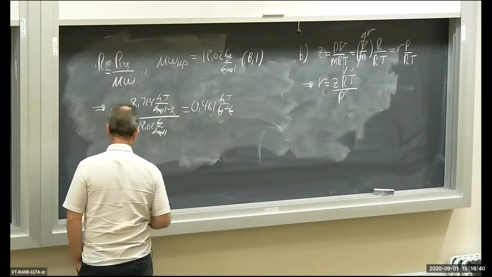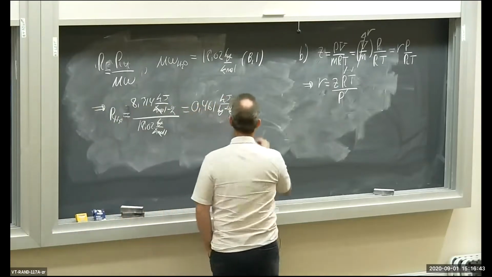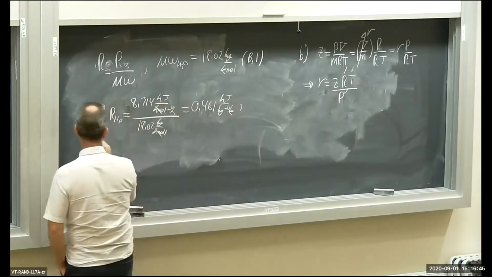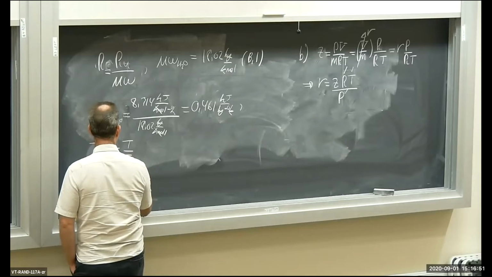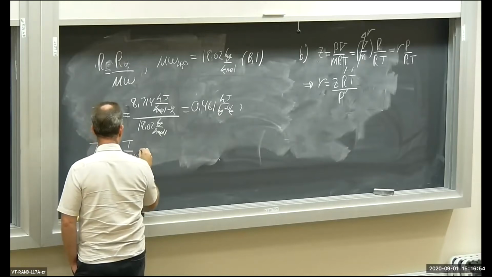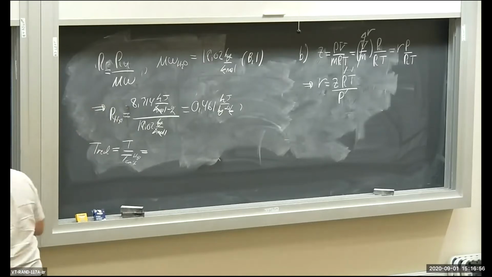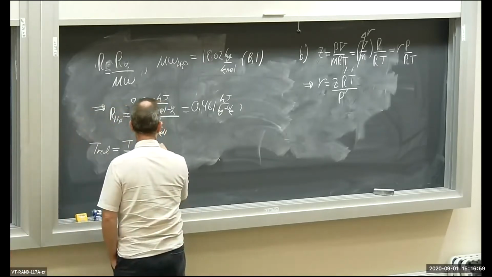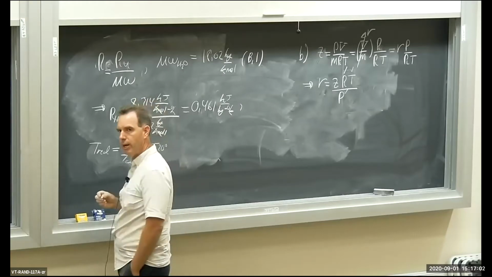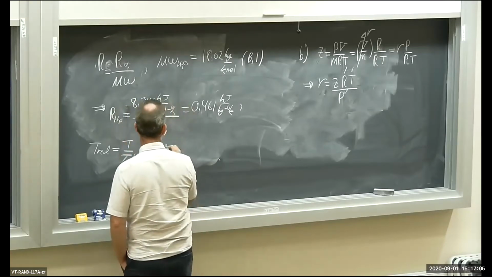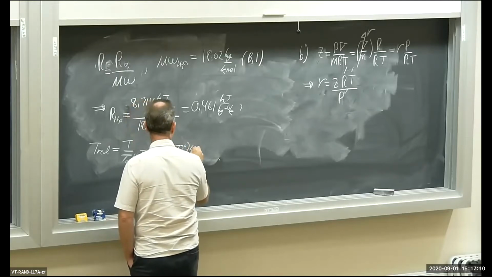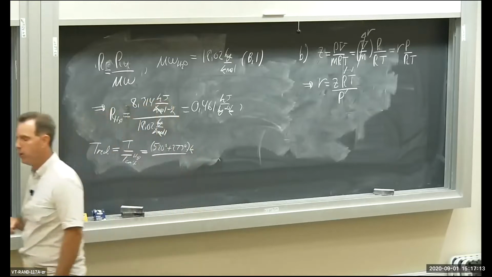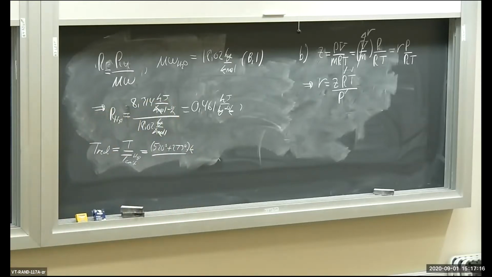So T reduced is equal to T divided by T critical for H2O. The temperature is 520 degrees C. Critical temperature and pressure are going to be in Kelvin, so I need to add 273 to get it in Kelvin. So let's look up the critical temperature for H2O.